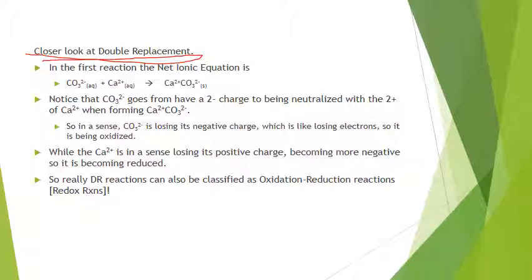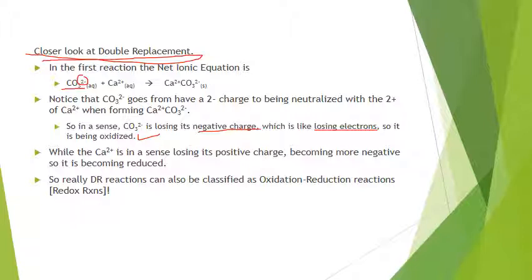If you notice, the carbonate goes from a 2 minus charge to having, in a sense, no charge because it's balanced out. So it's kind of like losing electrons, losing a negative charge. It's not really losing electrons, but it's losing its negative charge because it's getting balanced. So in a way, it's being oxidized.